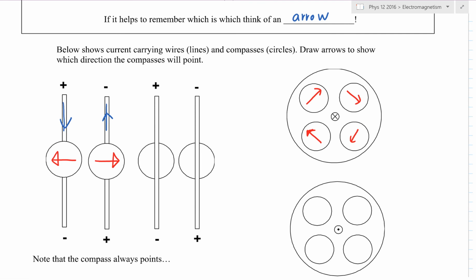Imagine that these are compasses, and this little thing is a wire carrying current into the page.